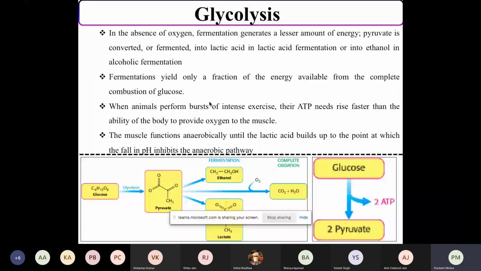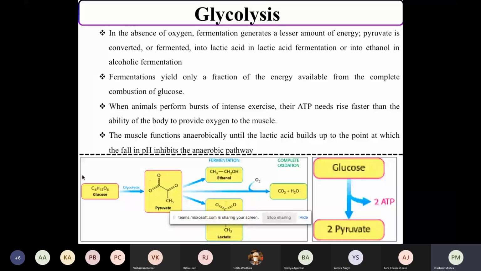Muscle functions anaerobically, which means in the absence of oxygen, until lactic acid builds up to the point at which the fall in pH inhibits the anaerobic pathway. That means lactic acid will accumulate until this glycolytic pathway is stopped or inhibited. So it's a very interesting thing which you are learning here.